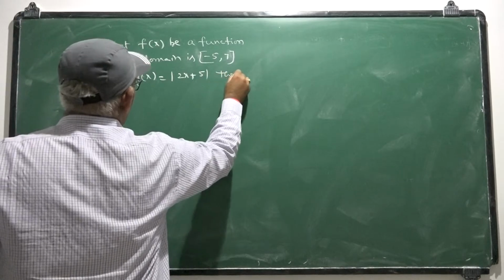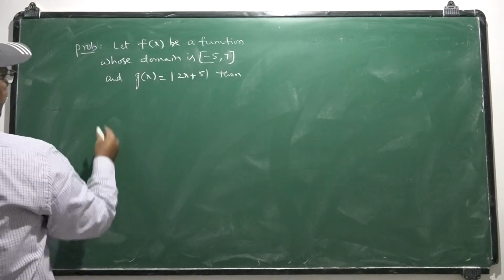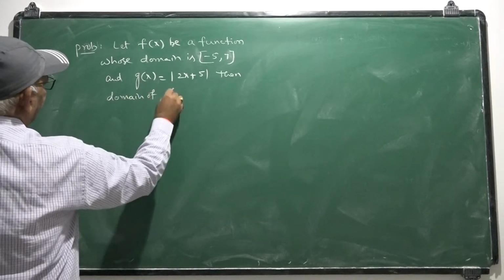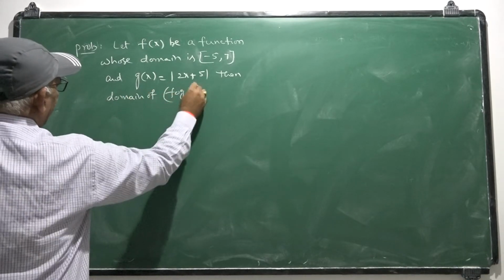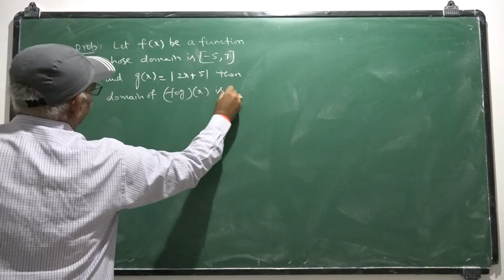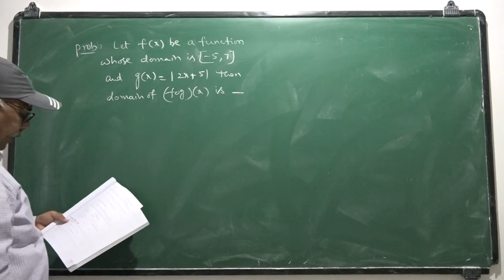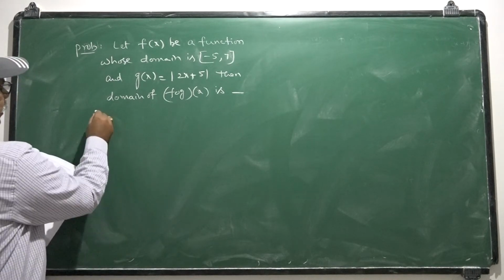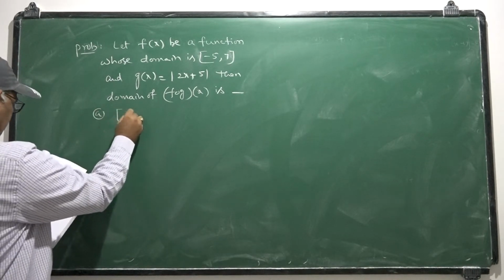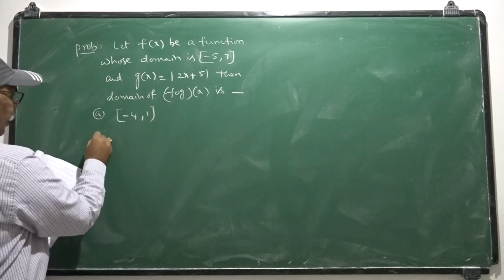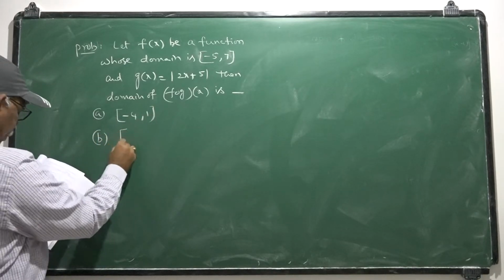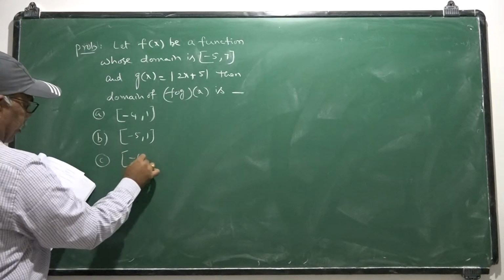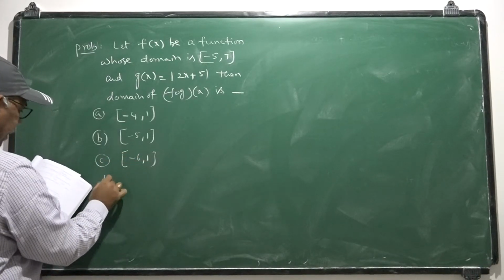Then the domain of f∘g(x) is... The given options are: A) [-4, 1], B) [-5, 1], C) [-6, 1], D) none.